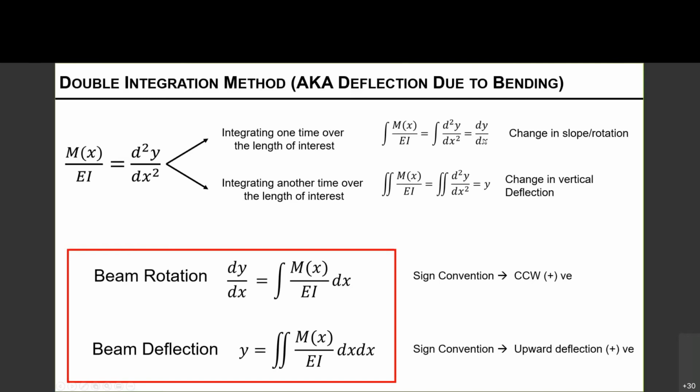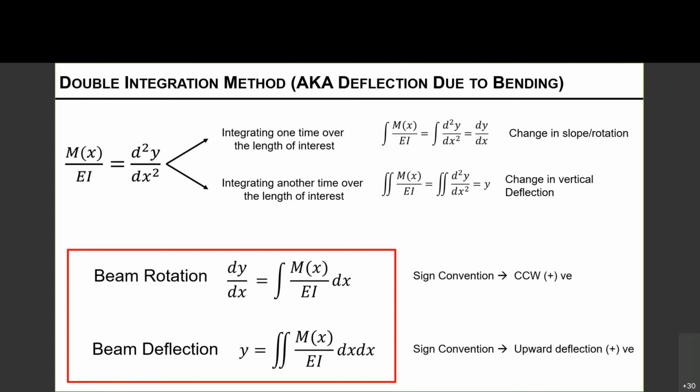Also, this dy over dx is very important, okay? dy over dx is basically a slope. If you remember from functions, if you have a function and you differentiate it with respect to x, that will give you the slope, the behavior of the slope change.